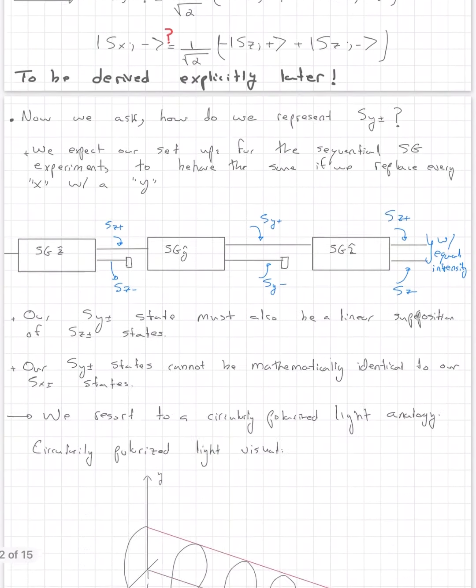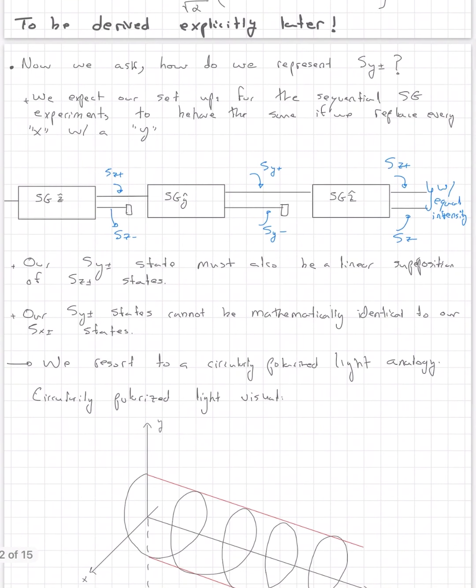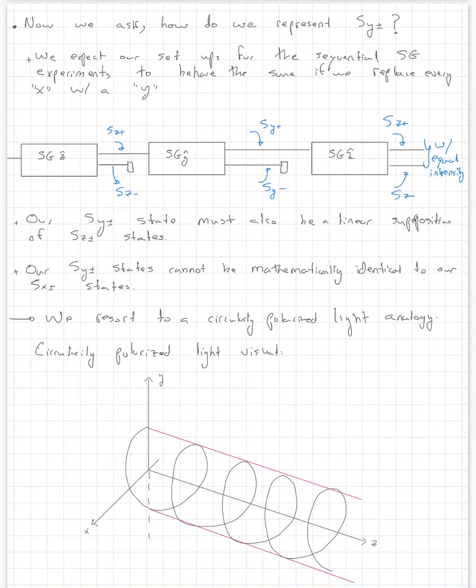So the next thing we're going to talk about is how would we actually represent SY plus or minus. A very important thing to note is that the sequential Stern-Gerlach experiments that we considered should behave exactly the same way if we replace every x with a y.